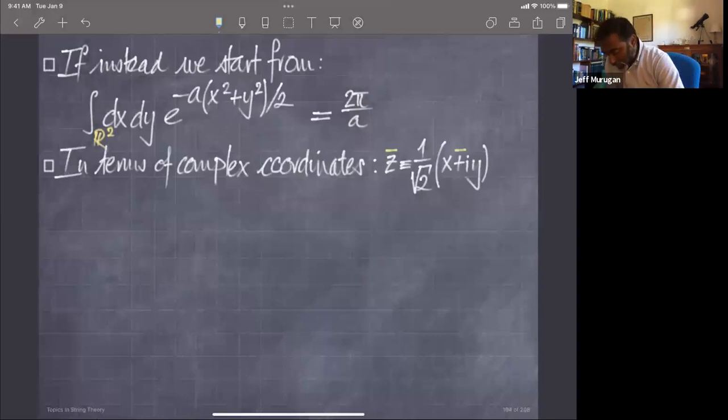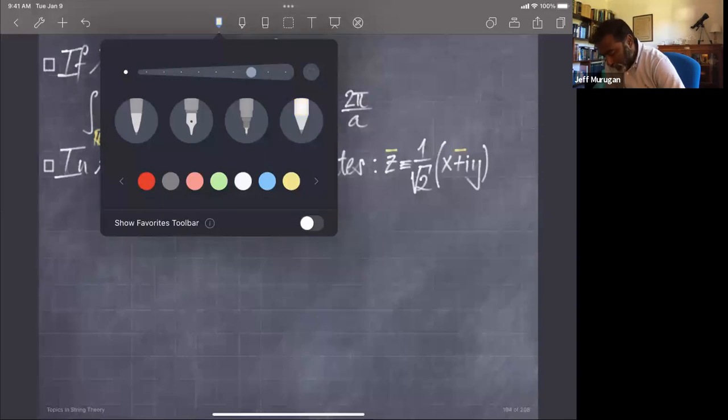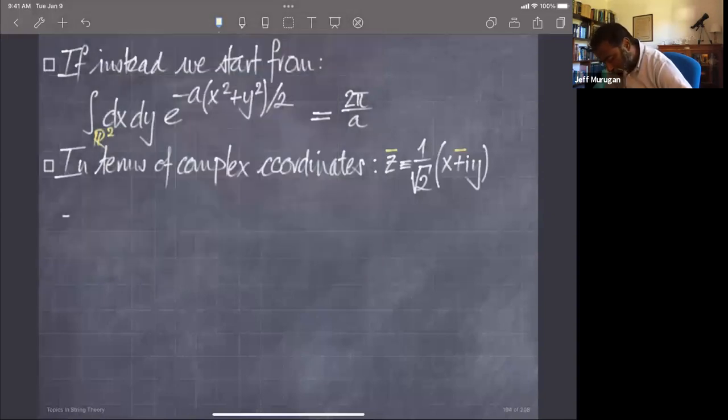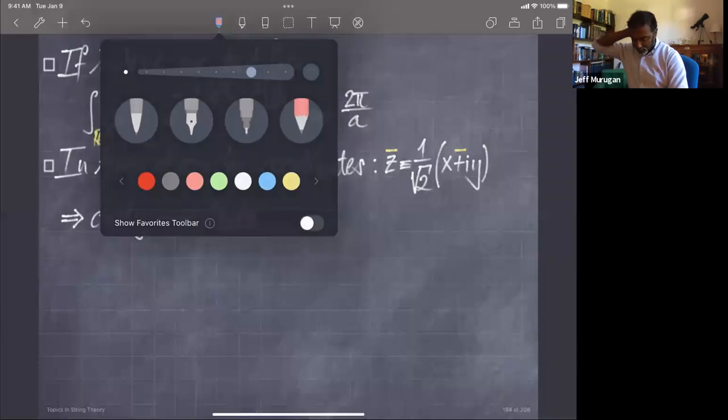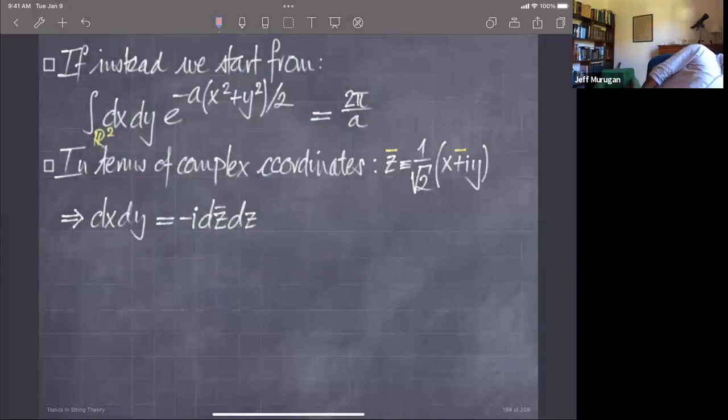In particular, going to complex coordinates means that my integration measure dx dy can be written as minus i dz bar dz. Just make sure you can show this.